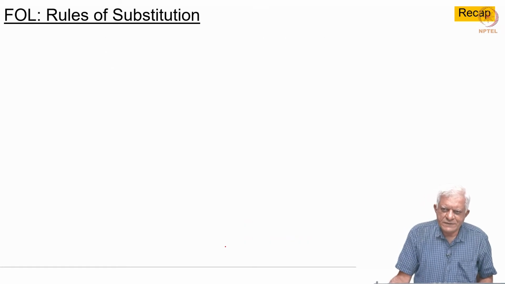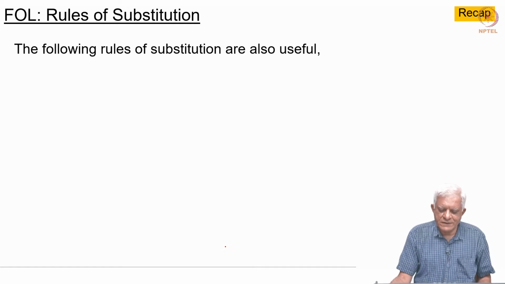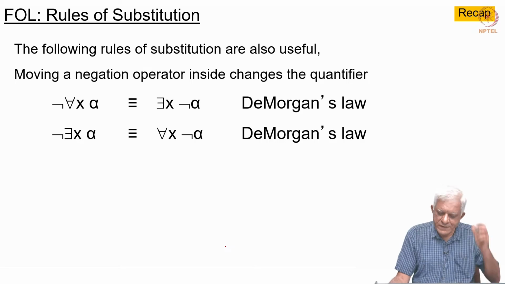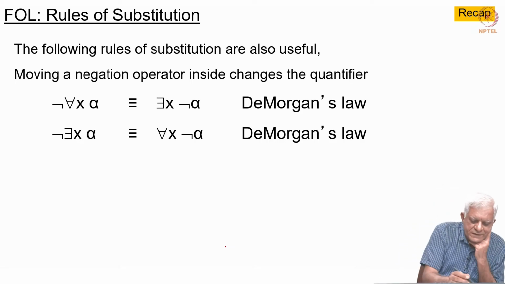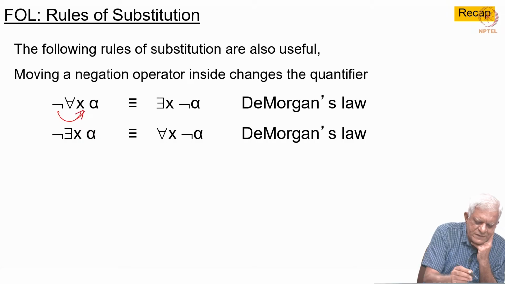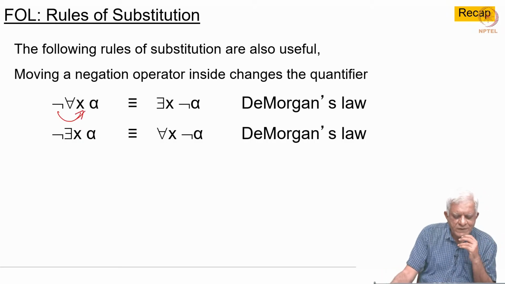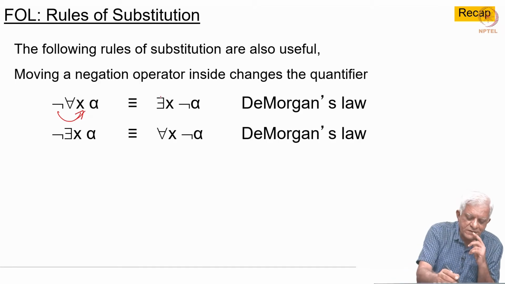Now, remember the rules of substitution we had talked about earlier. So, just a very quick recap. We had the De Morgan's laws, which said that you can push the not inside, we can push it across the quantifier, but it will change the nature of the quantifier.